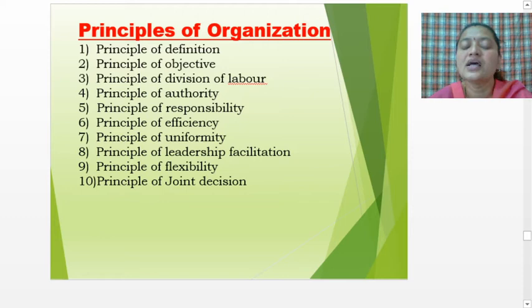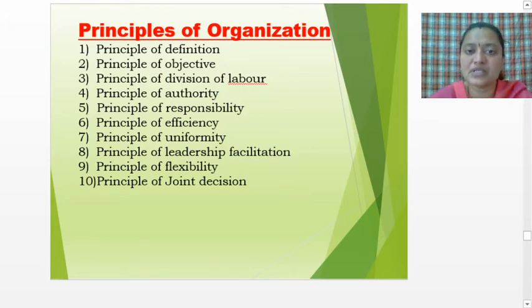The next one is the principle of efficiency. Now what do you mean by efficiency? Which worker is termed an efficient worker? Who is capable, who is able to handle or do any kind of work, that particular person is called an efficient worker. Similarly in the organization, we need to classify which workers are efficient and which workers are inefficient.